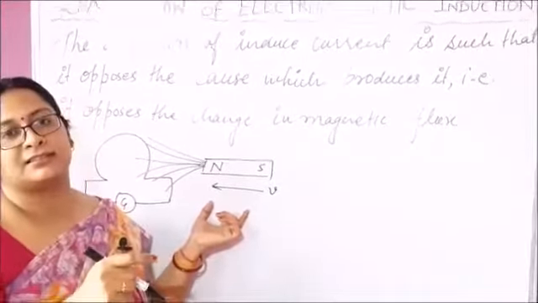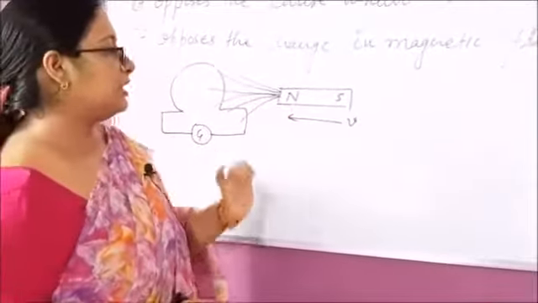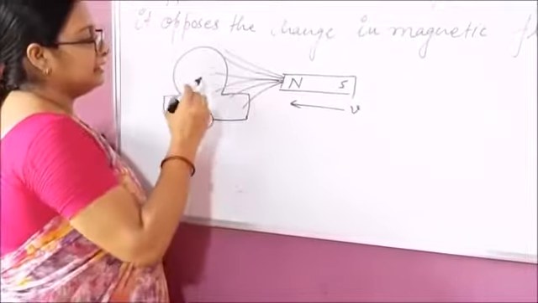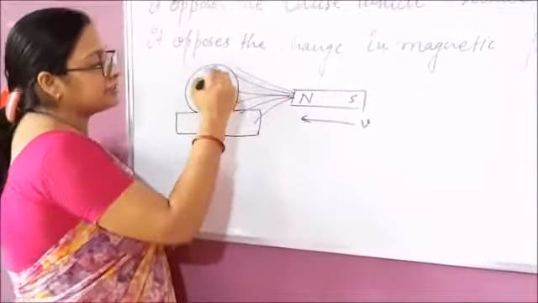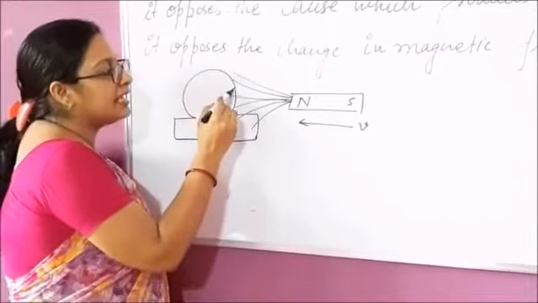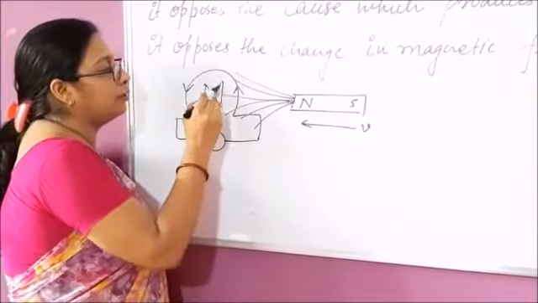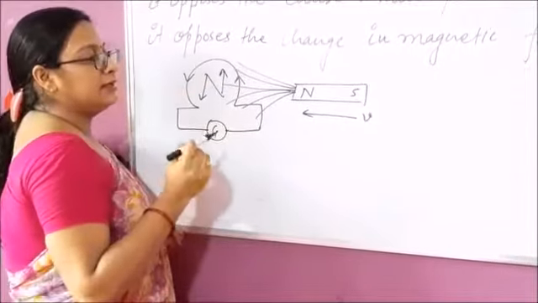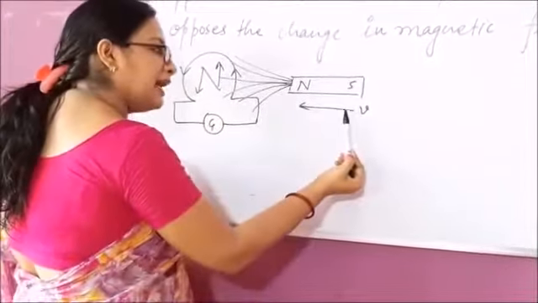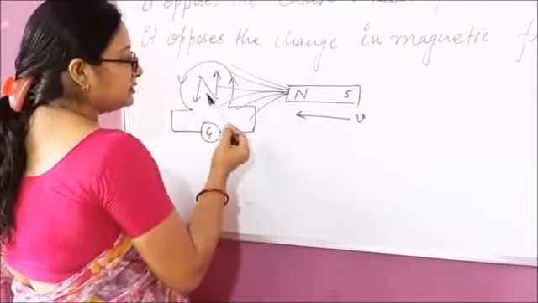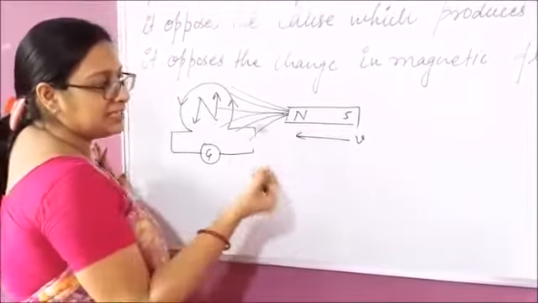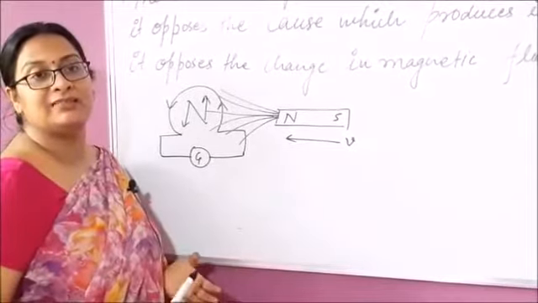increase in flux. So according to Lenz's law, the direction of induced current in this coil is anti-clockwise, means it creates a north pole, so that when the magnet is coming towards the coil, these north poles repel each other, and we have to do some external work.